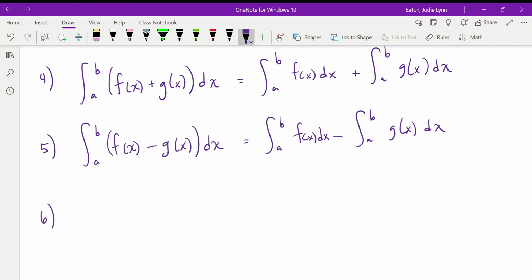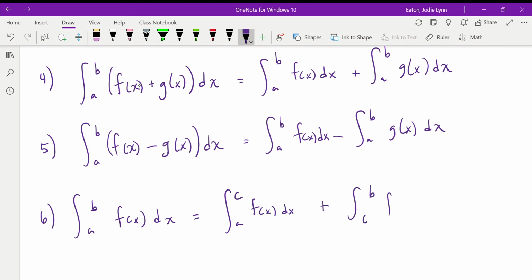So 6, the integral from a to b of f of x dx is equal to the integral from a to c of f of x dx plus the integral from c to b of f of x dx. So you can integrate partway and then keep integrating.